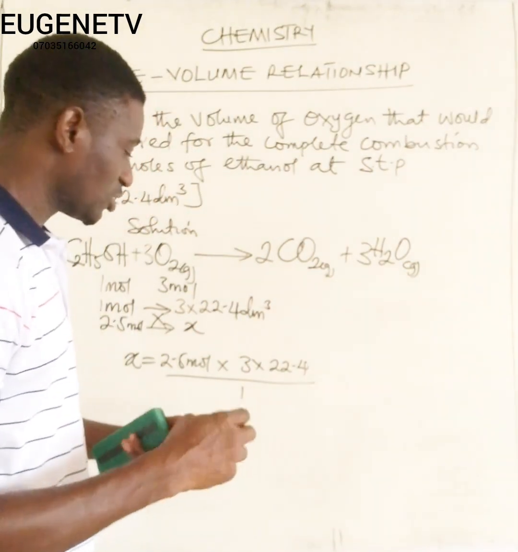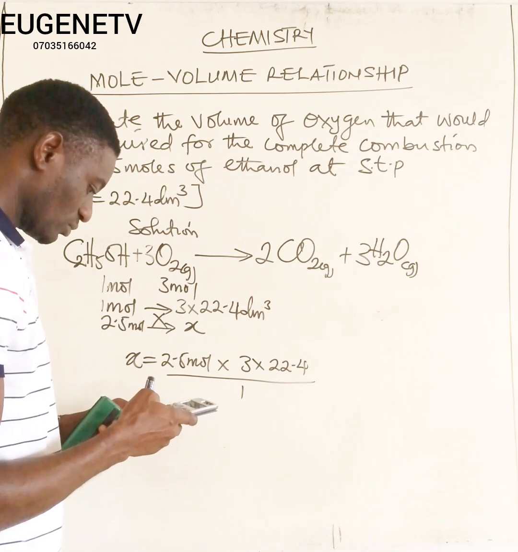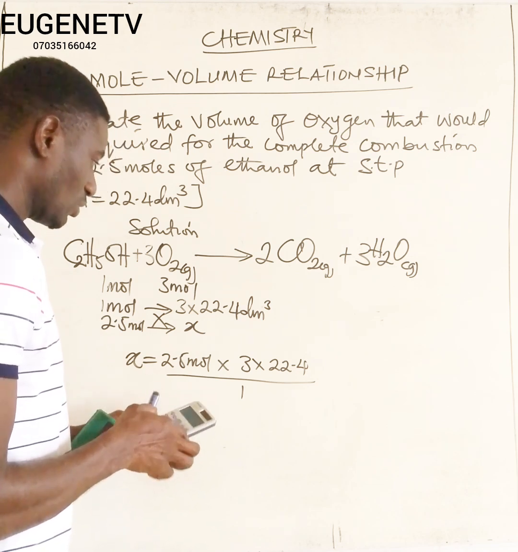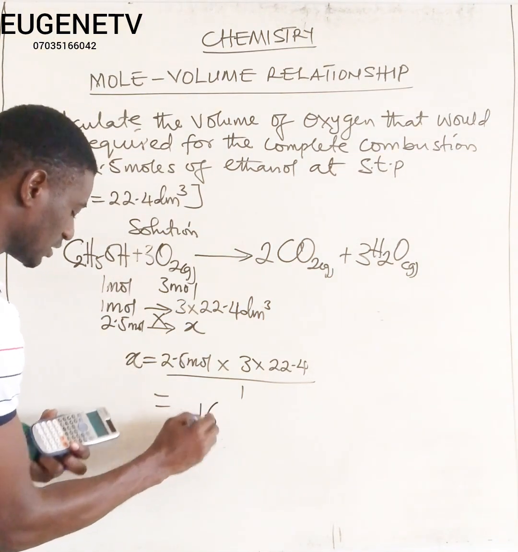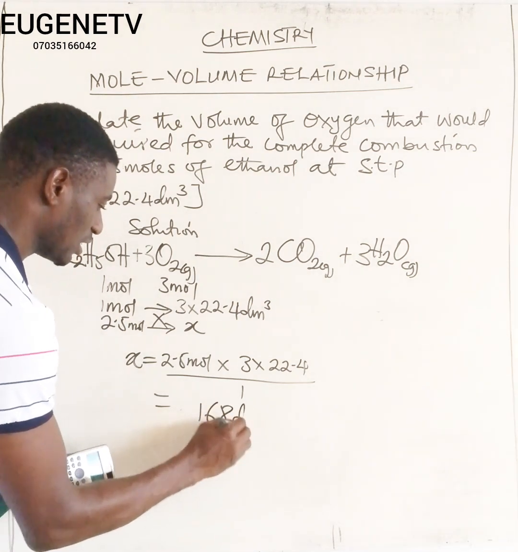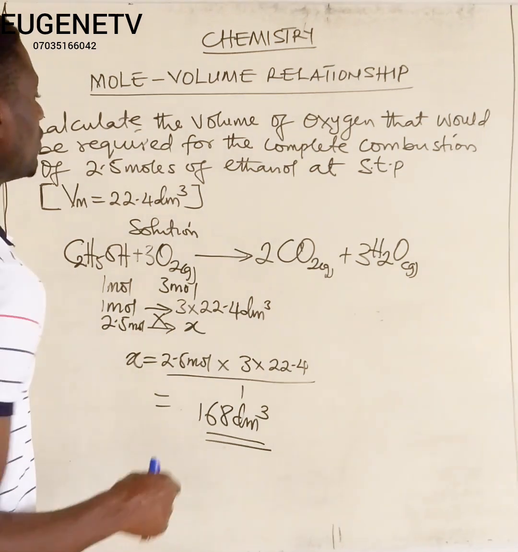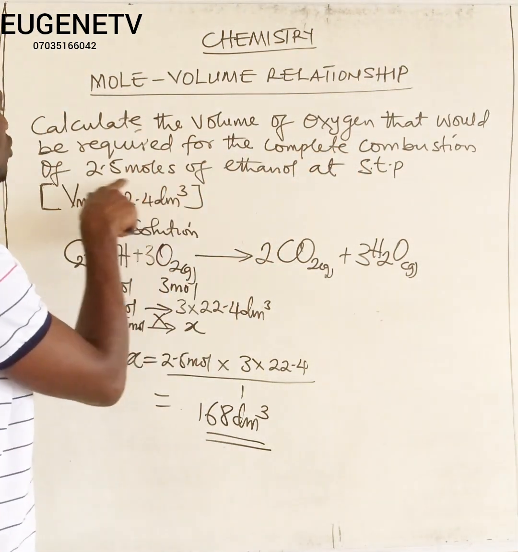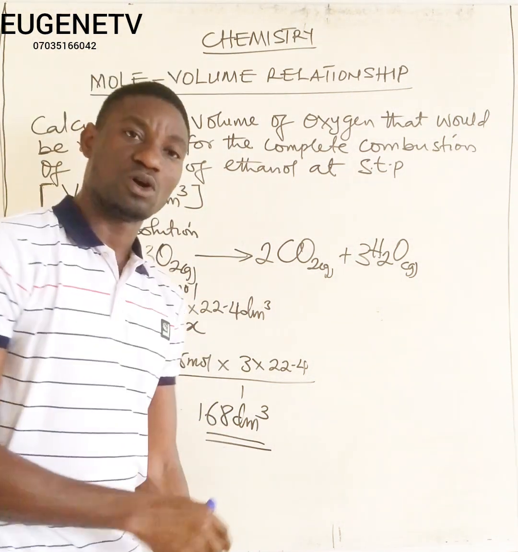So let us consult our calculator. It is going to give us a volume of 168 dm³. So this simply means that the volume of oxygen that will be required for the complete combustion of 2.5 moles of ethanol is going to be 168 dm³.